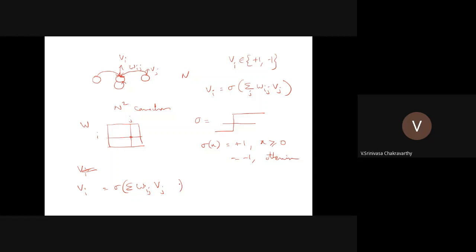One weird thing is, when we take the sum of all these states, multiply them by the corresponding weights, add them up, and pass the result through the signum function, you get vi. But you see that vi is present both on the left side of the equation and on the right side, right? So what does it mean? It doesn't make any sense.